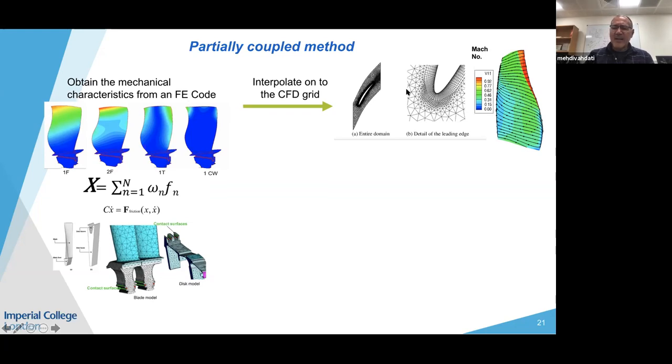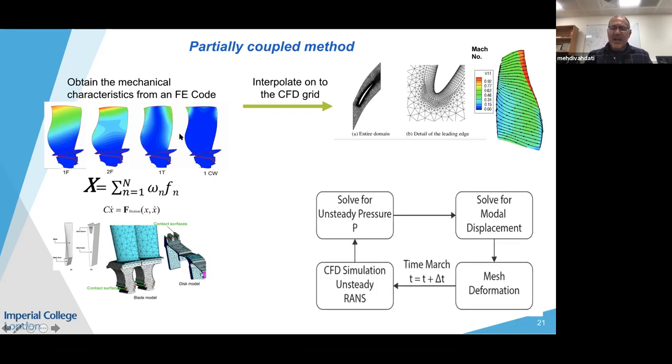Then we interpolate this displacement from the FE onto the CFD grid, and we never go back to the FE again. We solve this system starting from a given time step. We solve for the unsteady pressure P using our URANS, which in this case is a compressible flow solver. Then we use this unsteady pressure to solve for the modal displacements, and we sum them to get a total displacement.